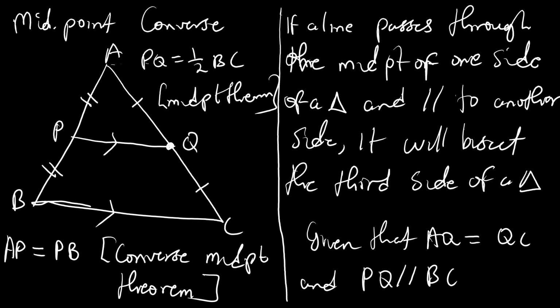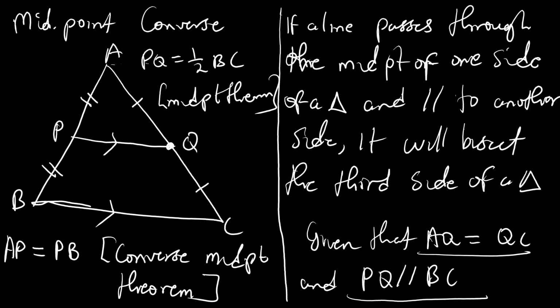If we're given information like this, where PQ is parallel to BC and AQ is equal to QC, the information is not enough for us to apply the midpoint theorem. So we first prove it using the converse. The converse is the reverse of the midpoint theorem. So the first thing you're supposed to do is to say AP is equal to PB, by the converse midpoint theorem. Then we can go ahead and apply the properties of the midpoint theorem, like PQ is equal to half of BC.